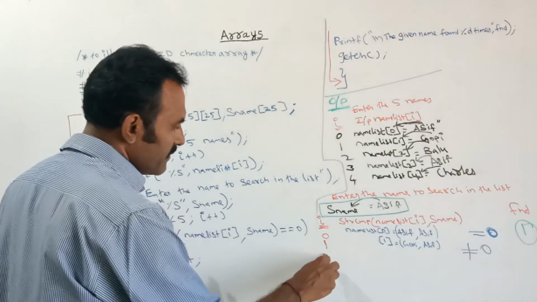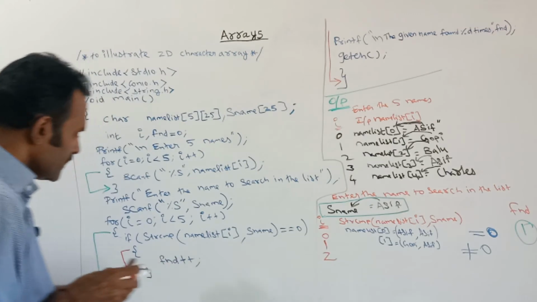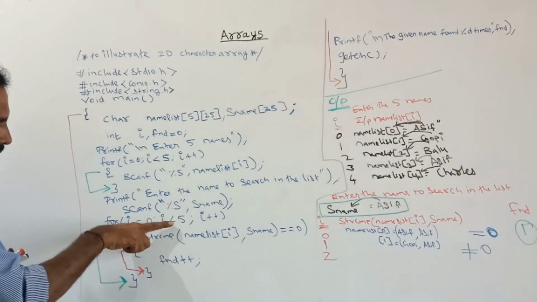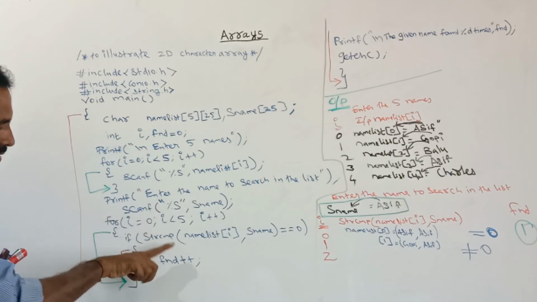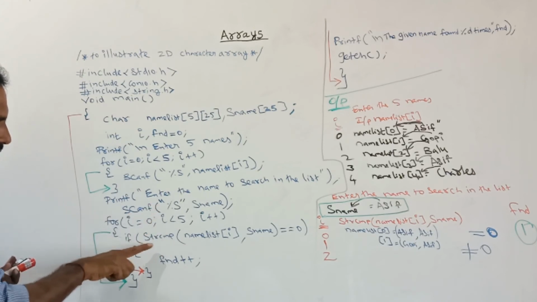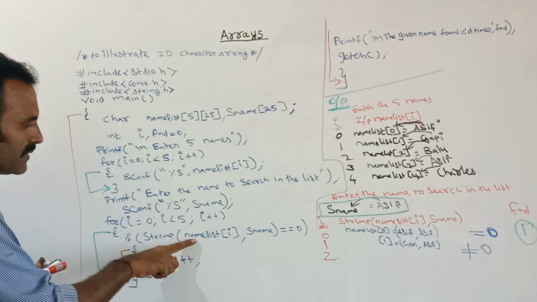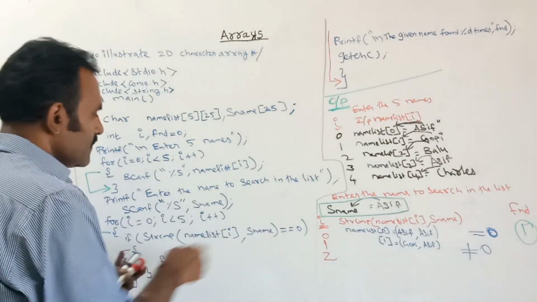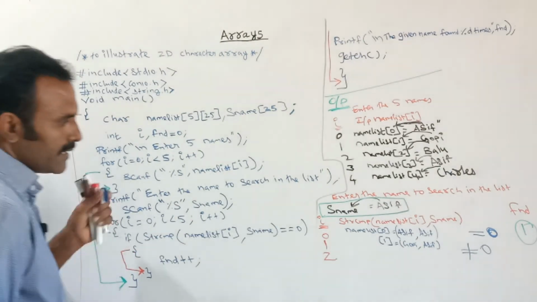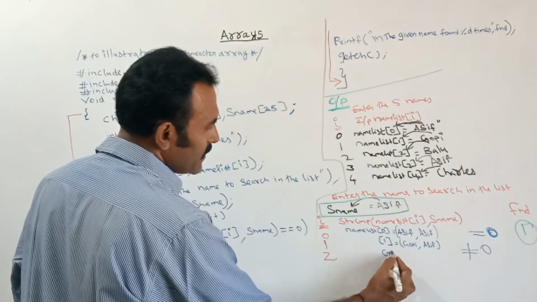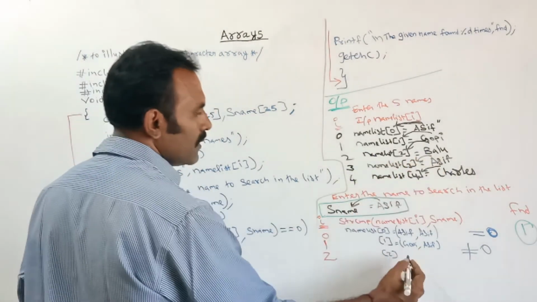Now the i value is 2. Again it checks whether 2 is lesser than 5. Yes, the condition is true, so it comes inside. Here it checks the if condition whether the string compare of name list of i and sname is equal to 0 or not. Name list of second value is Balu.